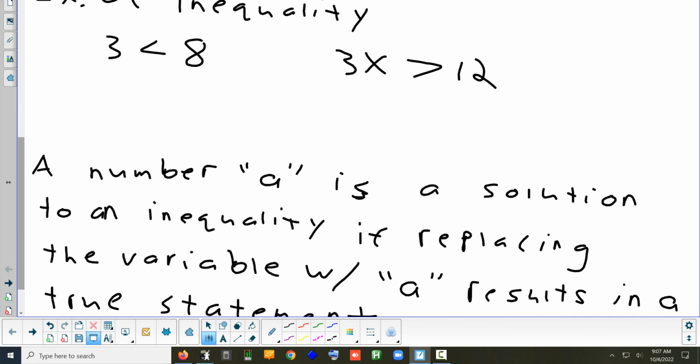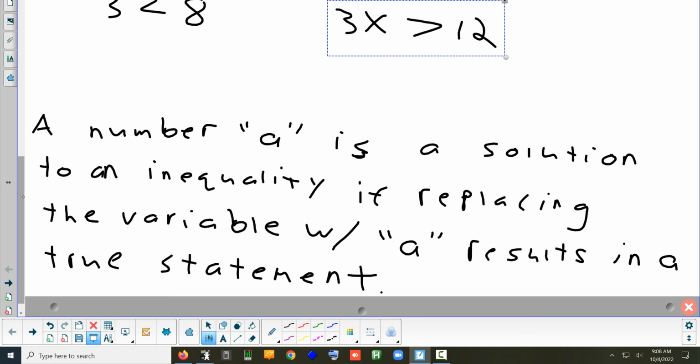So let's say that I wanted to check if 5 is a solution to that inequality. 3x is greater than 12. The way you check if a number is a solution, you plug it in, and you see if you get a true statement.